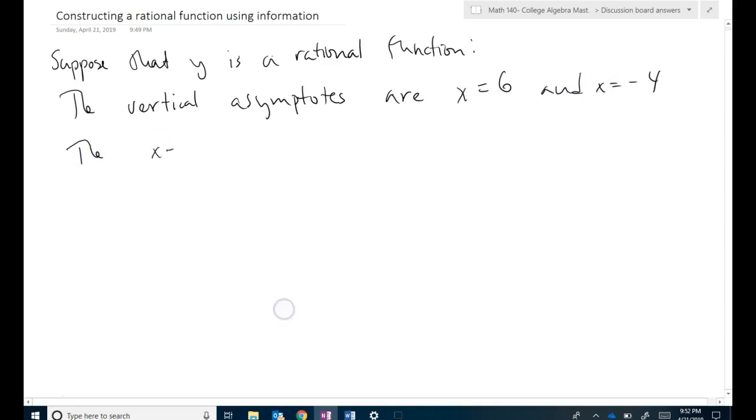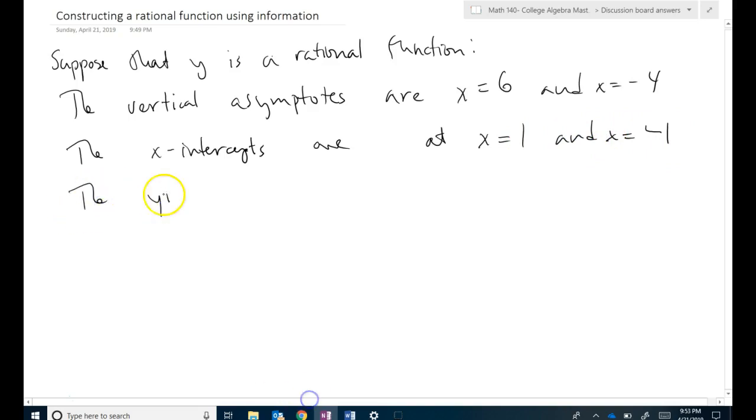The x-intercepts are at x equals 1 and x equals -1. And the y-intercept is at y equals 4.